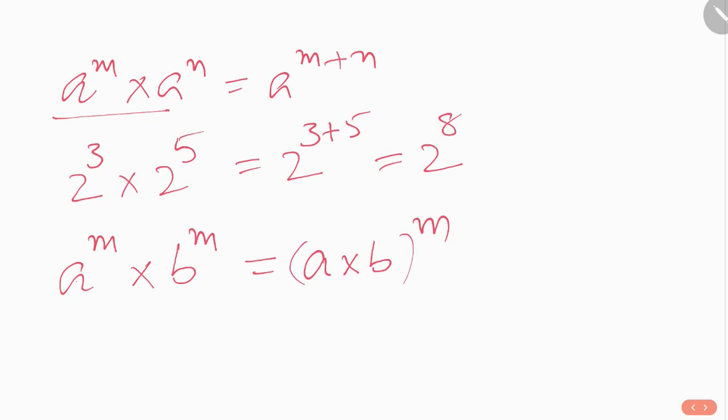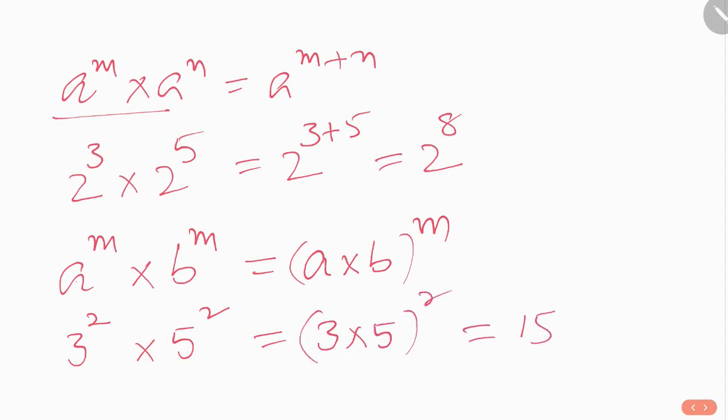So this is another law of exponents. If I take an example like 3 power 2 into 5 power 2, then bases must be multiplied. That means 3 into 5 whole power 2, that is 3 fives are 15 square.